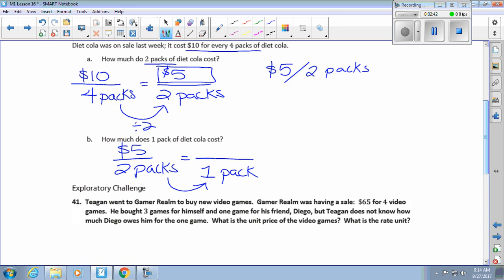So to get from 2 to 1, we divide by 2, as Jaden said. And $5 divided by 2 is what? Who can tell me what $5 divided by 2 is? Tim, you know? Very good. $2.50 per pack.